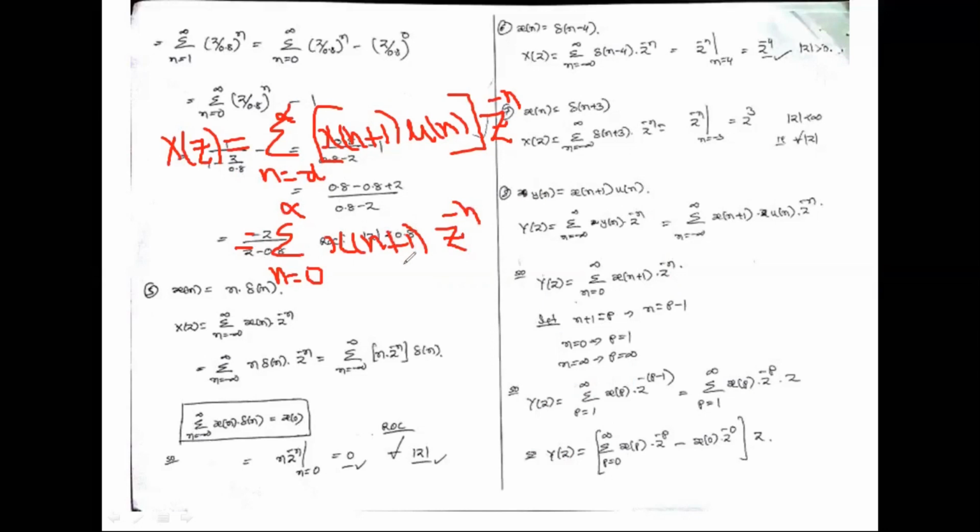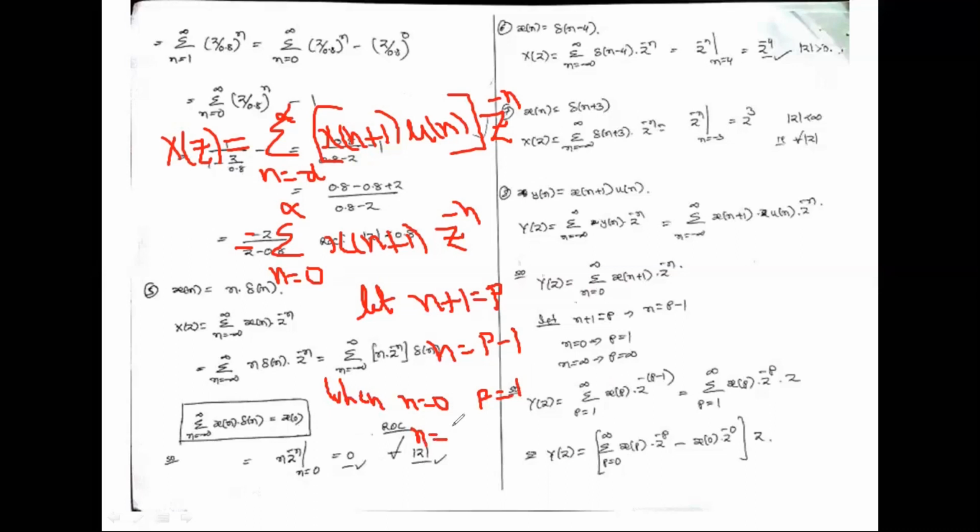According to the shifting property, you can write it, or otherwise let n plus 1 is equal to p. And what is n? n is equal to p minus 1. Substitute here, and change the limits also. When n is equal to 0, because it's the first limit here, what is p? p is equal to 1.